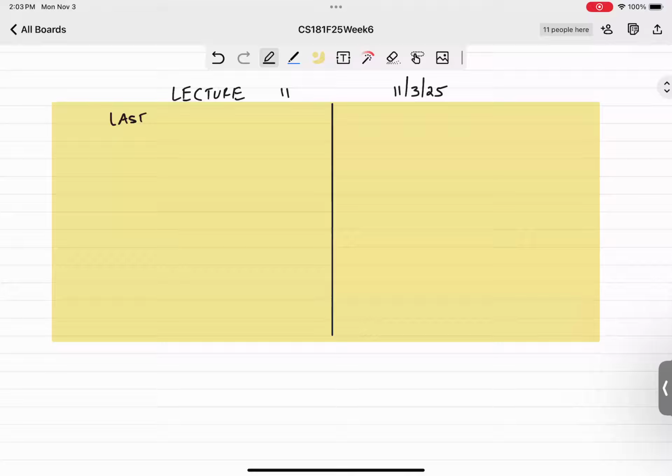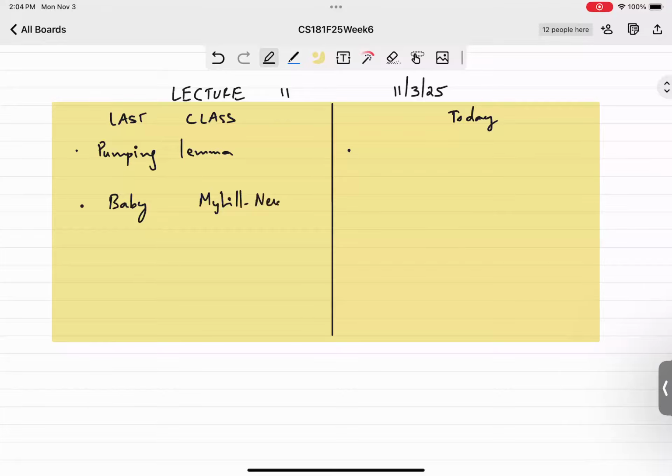So last class, we talked about the pumping lemma, specifically how we can use it to show that certain languages are not regular, right? And then we also saw the baby Myhill-Nerode theorem and the toddler version.